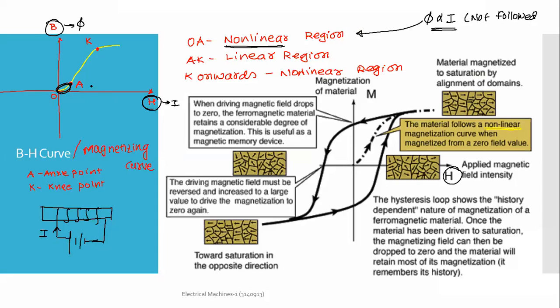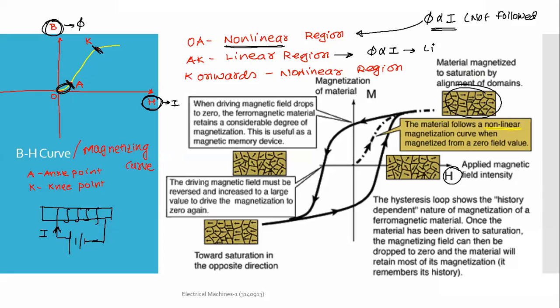Then comes the region A to K, which is the most important part for any machine. For all machines, whether a generator, motor, transformer, any machine, the core is generally designed to operate in this region, A to K, the linear region. Why linear? Because in this region, if we increase I, the domains will align proportionately with the magnetic field intensity, and the flux set up will increase proportionately.